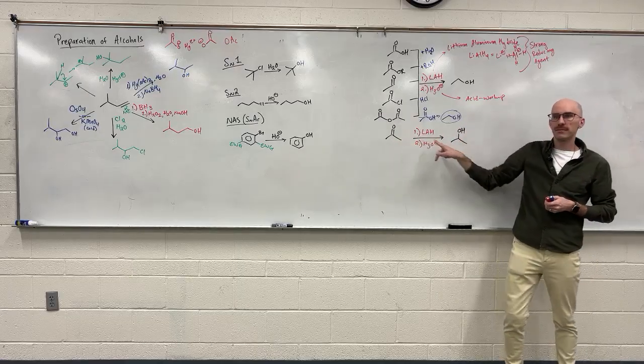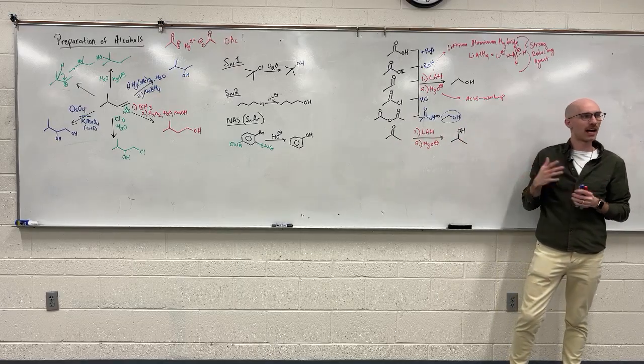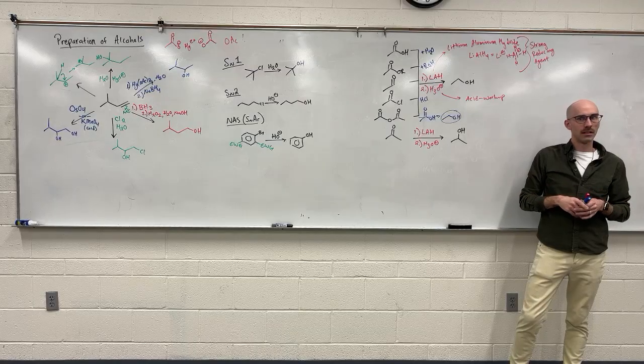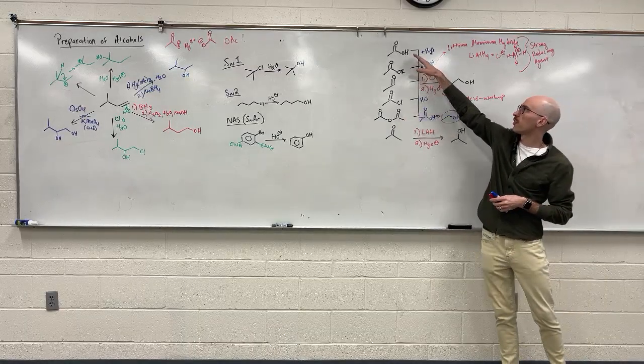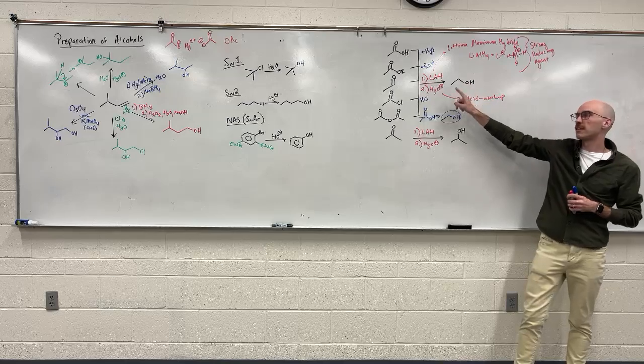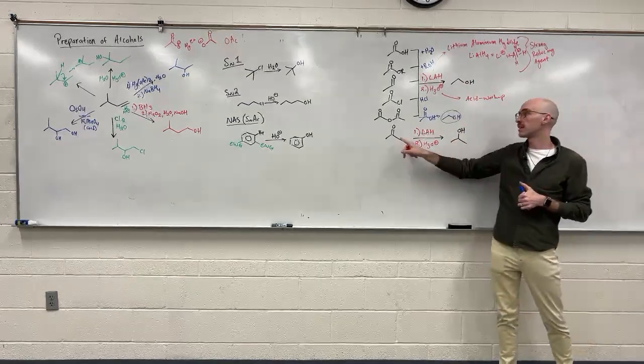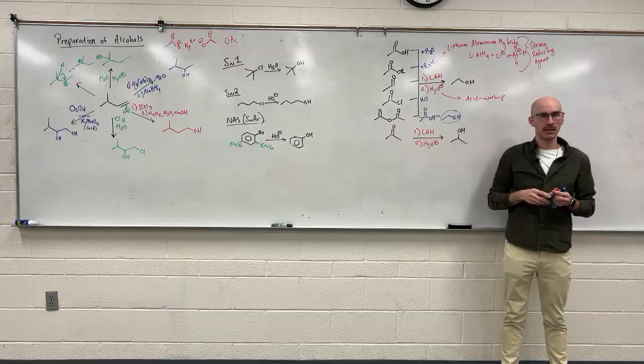The ketone has no leaving group. Carbons are not leaving groups. They don't fall off during this process. So all of our carbonyls form primary alcohols except ketones, which form secondary alcohols, because ketones are secondary carbons already.